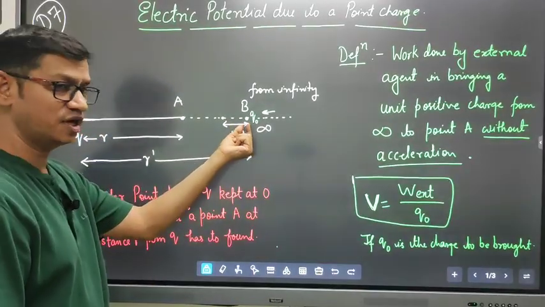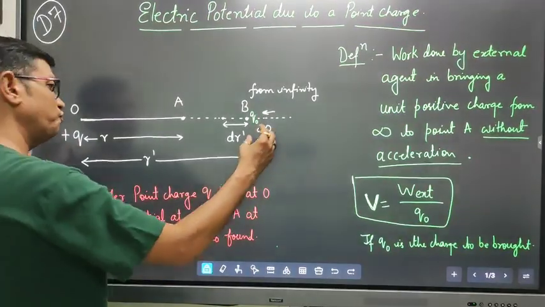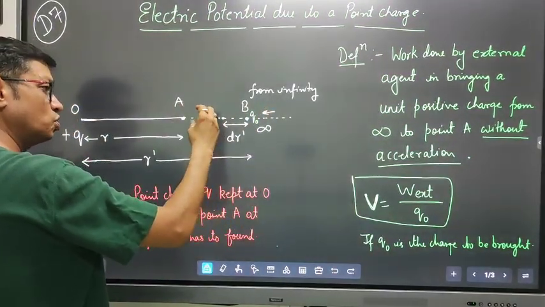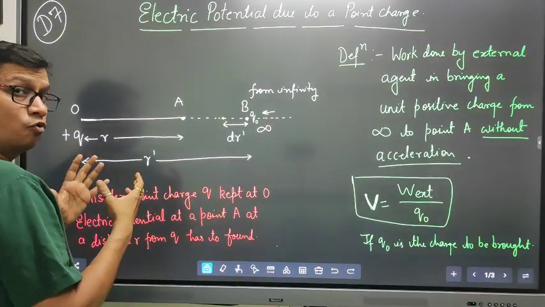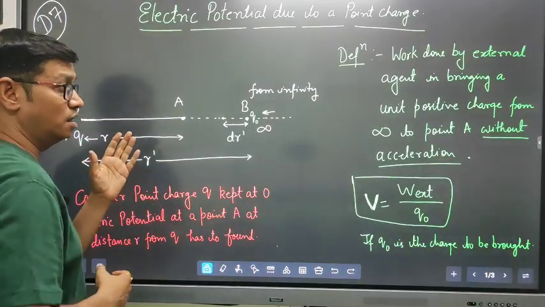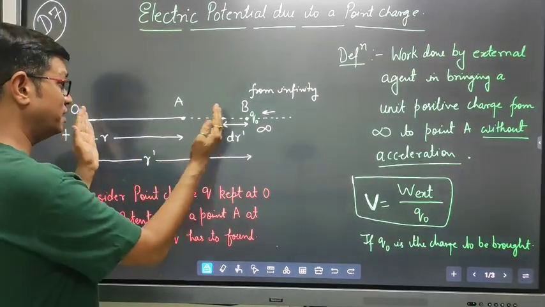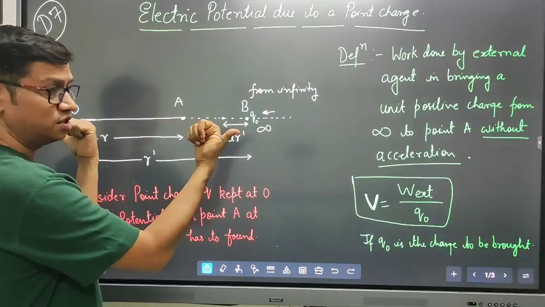See, this is a positive charge, unit positive charge, and this is also a positive charge. So if you want this Q naught to move closer to Q, you have to apply a force, because naturally there will be an electrostatic force of repulsion between these two positive charges.